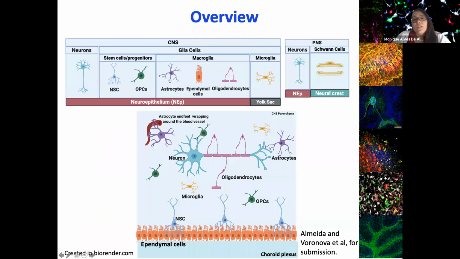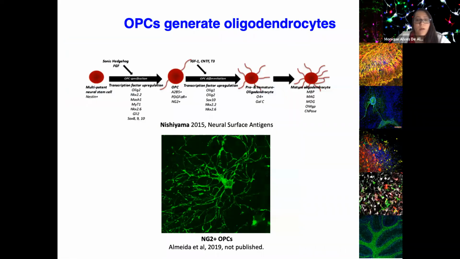So we previously showed that OPCs generate oligodendrocytes throughout the adult brain and during development. OPCs are the progenitors that also come from the neuroepithelium and have an important role in myelination and remyelination.